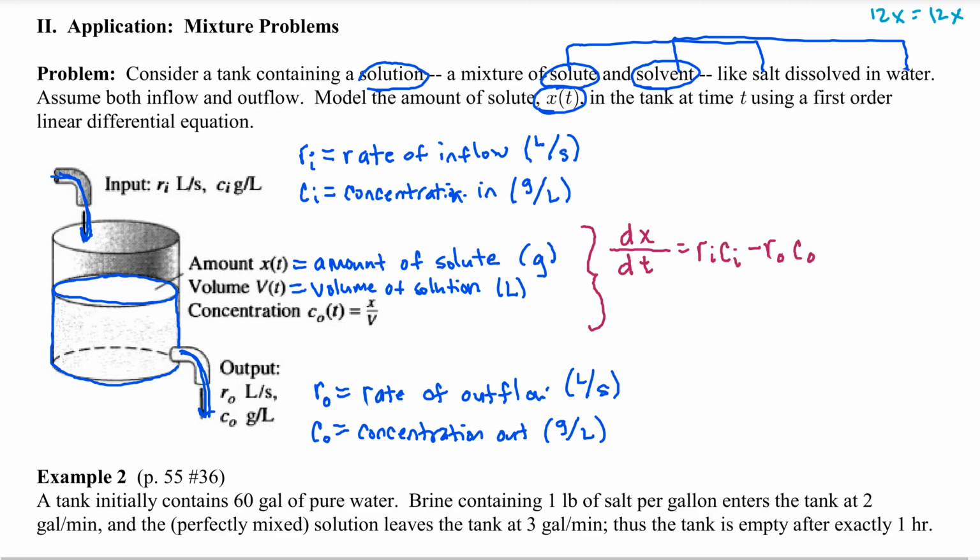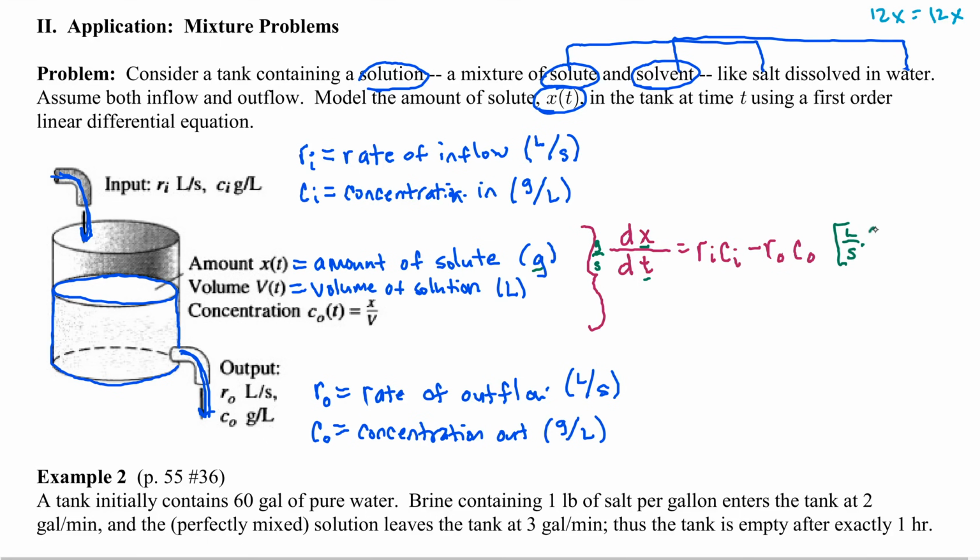To see how this model works, let's take a quick peek at the units. On the left side, we have dx over dt. X is measured in grams. T is measured in seconds, for example. So on the left side, our units would be grams per second. Now, looking at our two terms over here, the rate of inflow is liters per second.